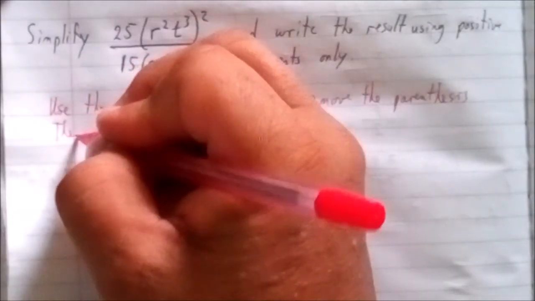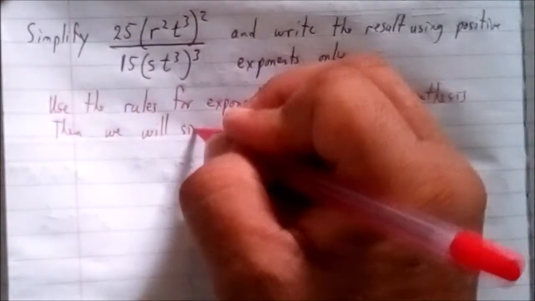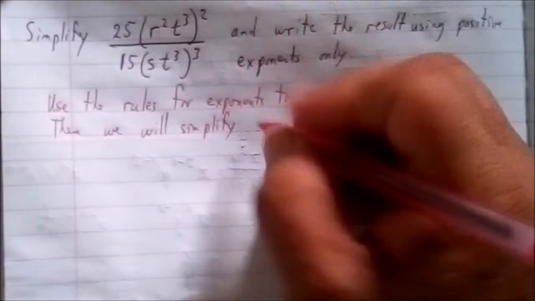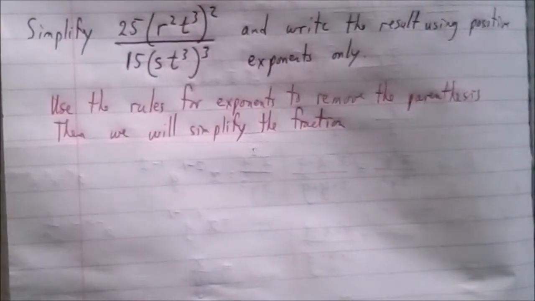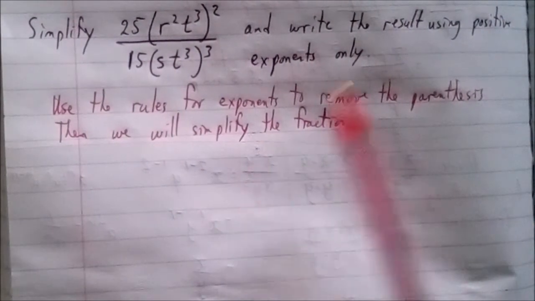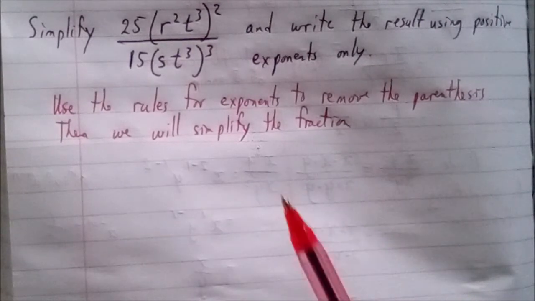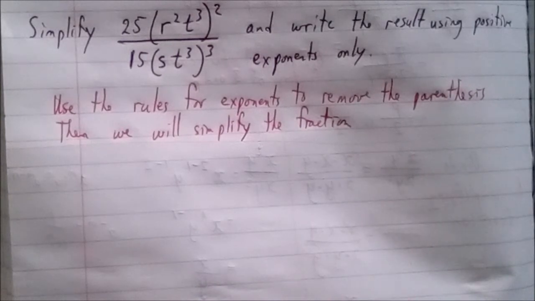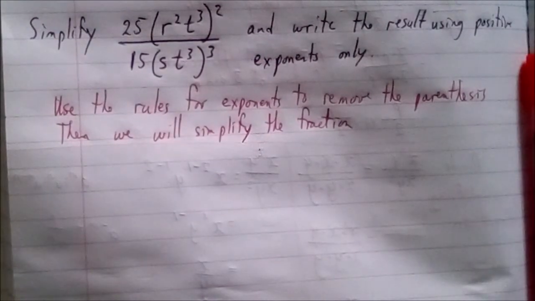Then we will simplify the fraction. Okay, that's the strategy. Use the rules for exponents to remove the parentheses, and then we will simplify the fraction. Why? Because we need to make sure that the numerator and denominator have no common factors other than 1. If that is the case, then the fraction is in its simplest form.